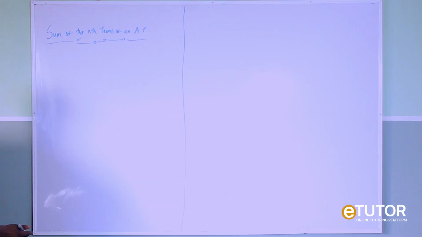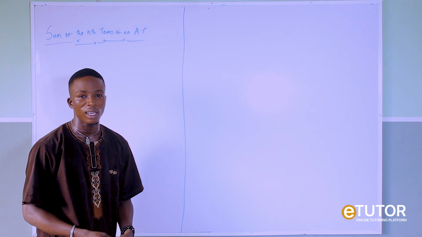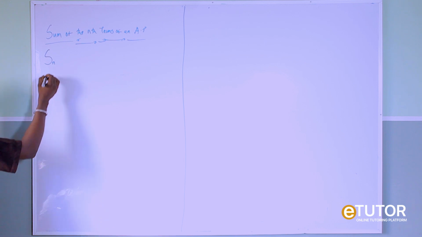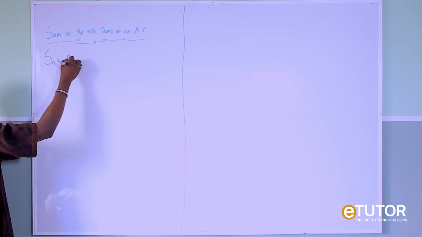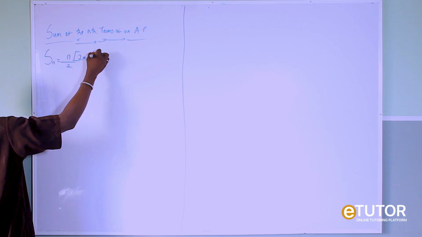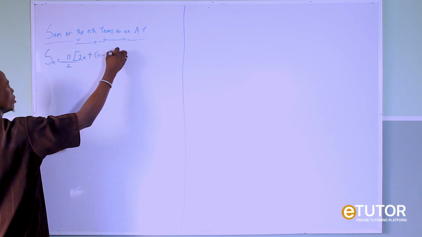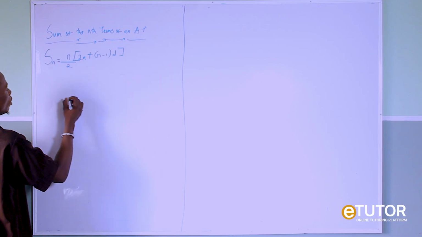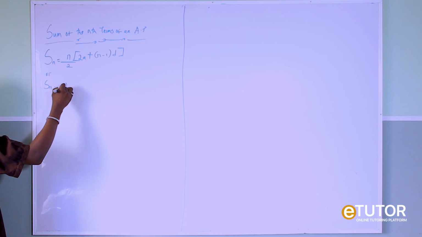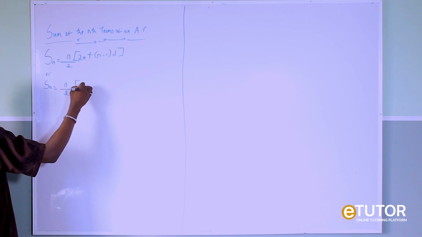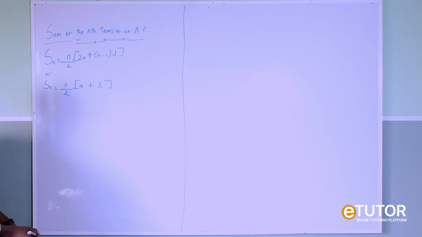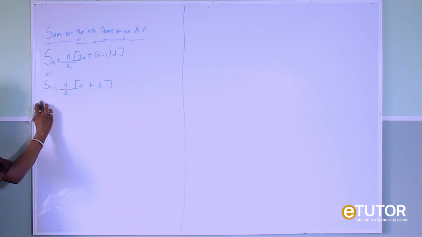So the formula for finding the sum of the nth terms of an AP is Sn equals n over 2 into 2a plus n minus 1 times d, or Sn equals n over 2 into a plus l.